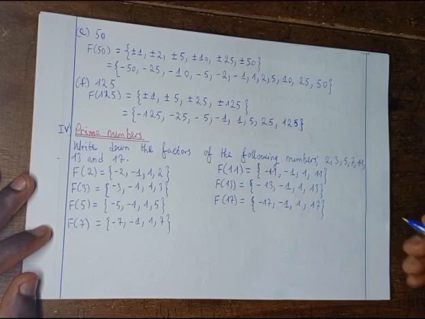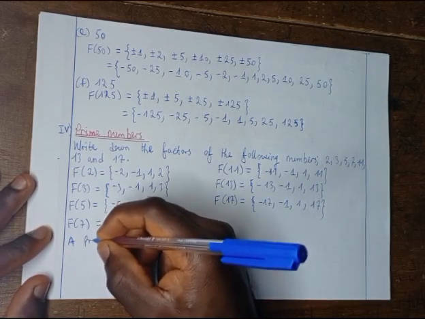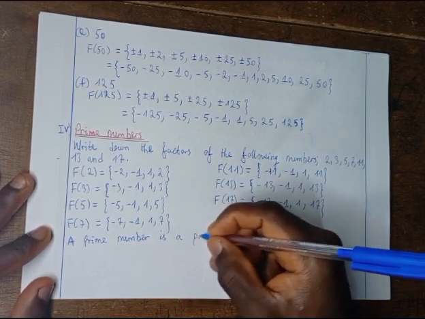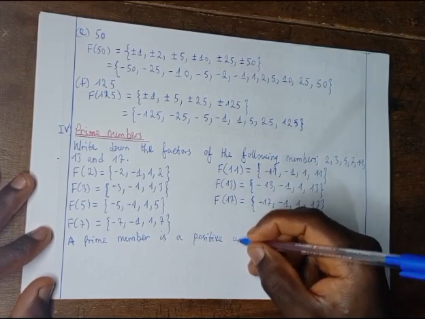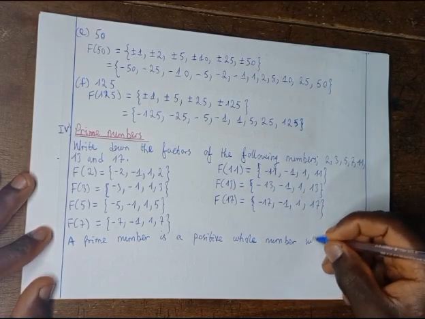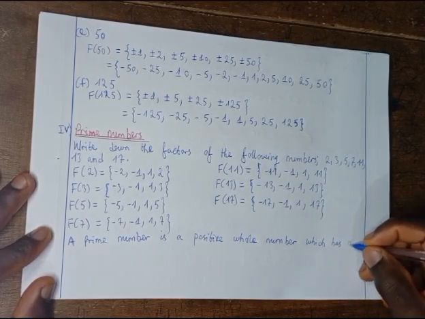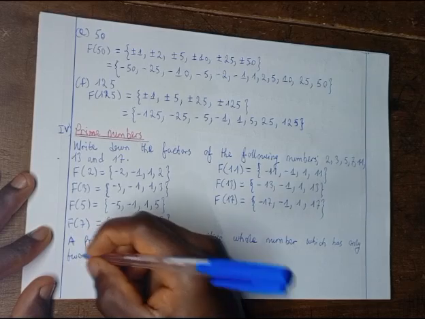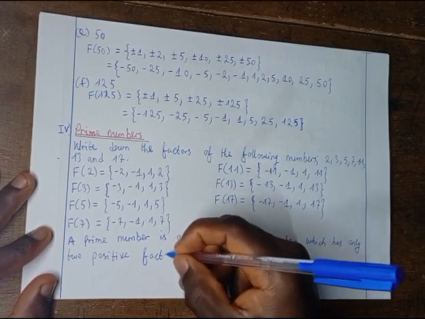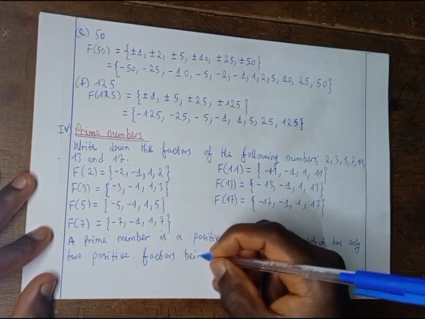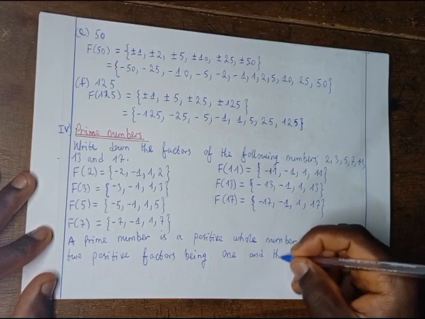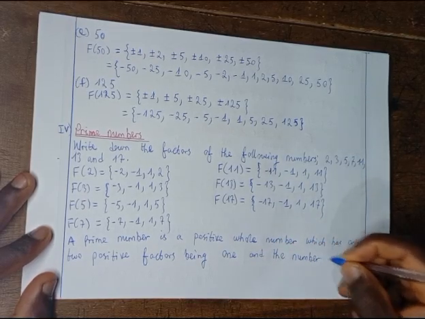Now, what is a prime number? A prime number is a positive whole number which has only two positive factors, being 1 and the number itself.